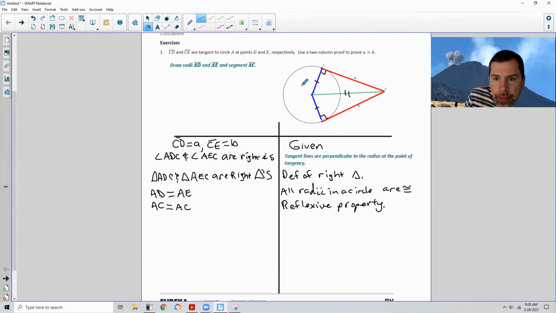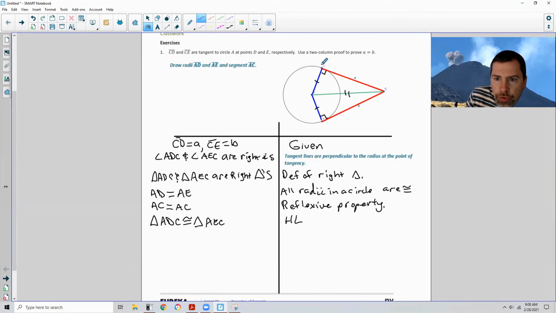Okay, so AC equals AC. And now I can say triangle ADC is congruent to triangle AEC because I have a right angle, I have a leg, and I have the hypotenuse congruent to a leg and a hypotenuse. So that's reason, hypotenuse, leg.